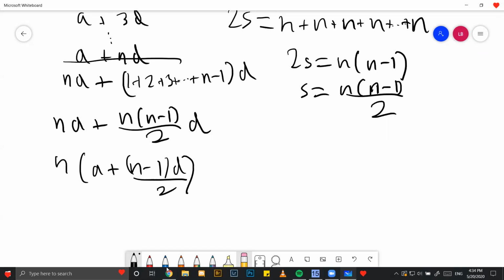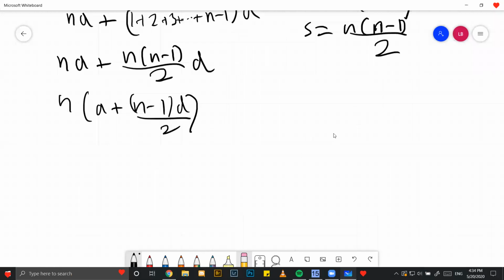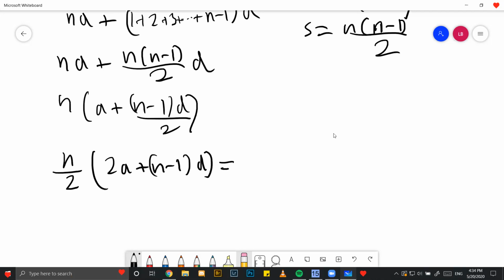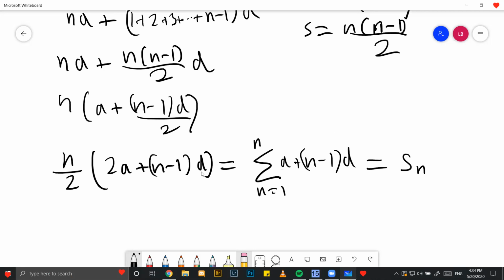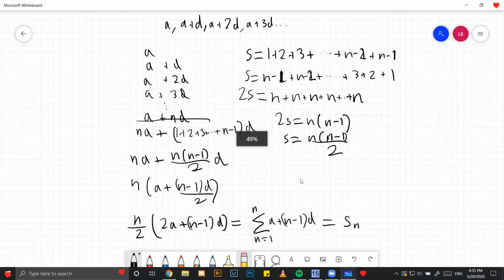But in order to make this a little more friendly, what the formula booklet does is say that you're going to have n over 2 times 2a plus n minus 1 d. And that's equal to the sum from n equals 1 to n of a plus n minus 1 times d, which is denoted by Sn. That's the sum of the arithmetic sequence. That's how you prove that.